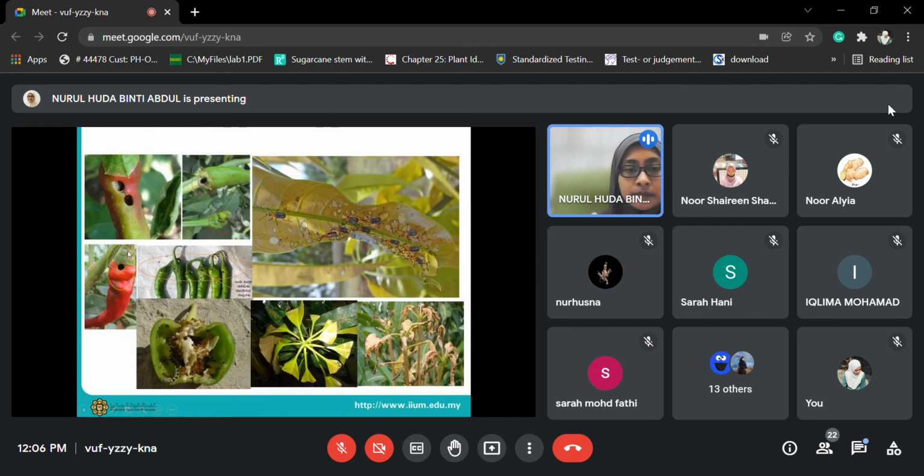Okay, this is the picture of the damage. This one caused by Helicoverpa armigera. As you can see, this is the tunnel where they dig untuk masuk. Okay, on chilies. And then this one is the damage caused by Deporaus marginatus.